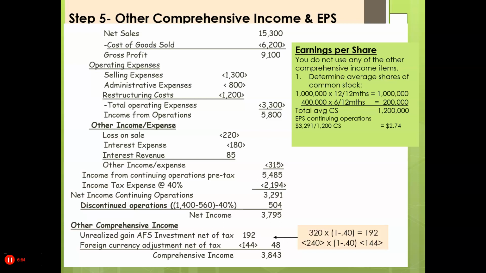To get earnings per share from continuing operations, we take the 32.91 and divide by the 1.2 million shares to get 2.74. Then we determine the earnings per share based on discontinued operations, and we get 42 cents. And that gives us our total earnings per share on net income of 3.16. Again, you do not do other comprehensive income when you're doing earnings per share.